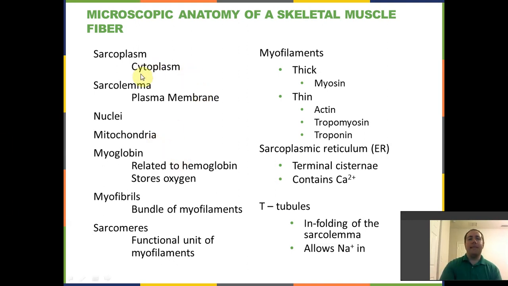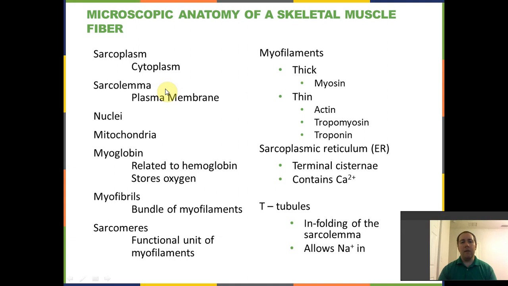There is the cytoplasm, but because, again, they want to make it as complicated as possible, they decided we're not going to call this cytoplasm anymore. We are going to call this sarcoplasm. So the cytoplasm in a muscle cell is called sarcoplasm. We talked about how the cell membrane or the plasma membrane is called the sarcolemma.